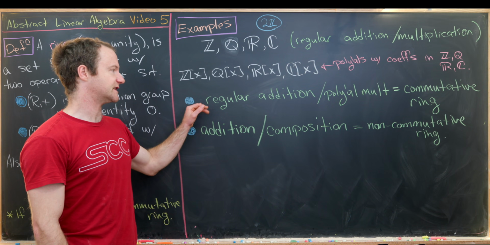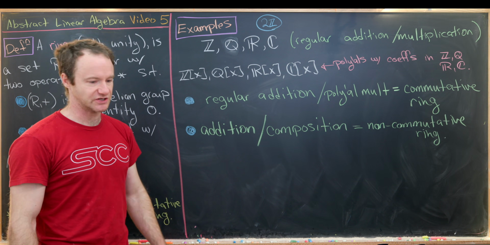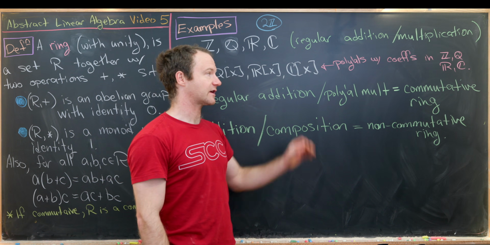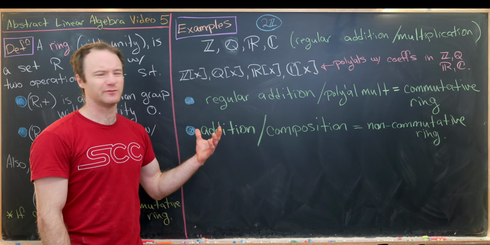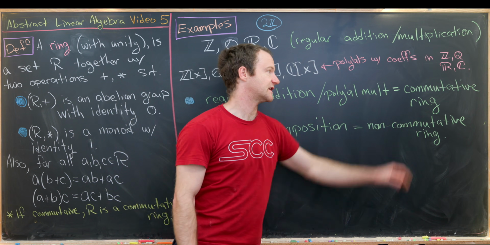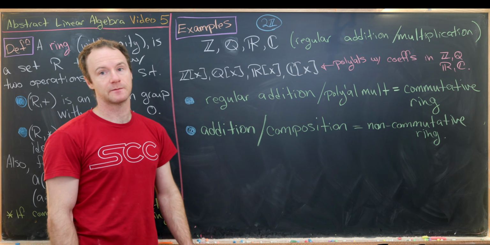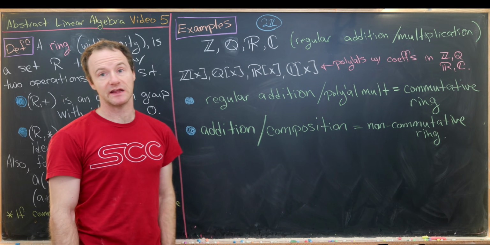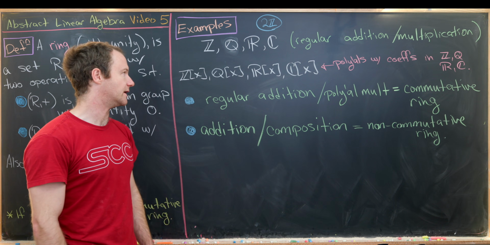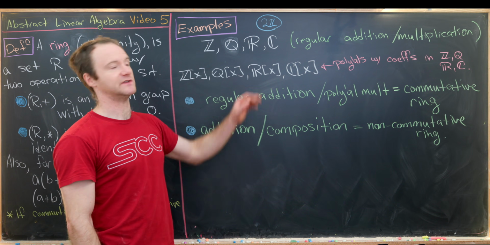The first is with what I'll just call regular addition. So just add 2 polynomials together. And then regular polynomial multiplication. So that would be just multiply 2 polynomials together. So that will clearly give us a commutative ring. And we also have a unity element.